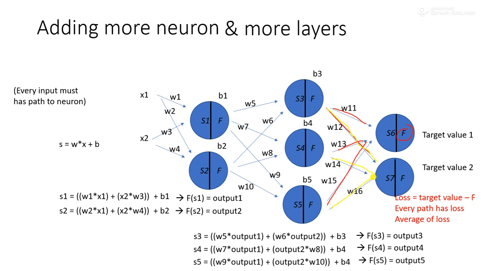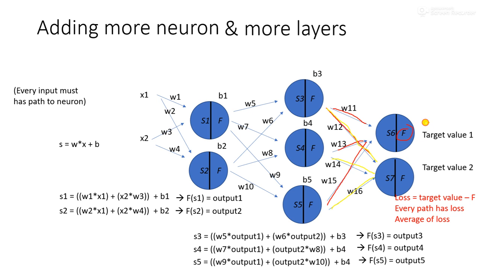These 3 are simply like this: W12 multiplied by output 3, plus W14 multiplied by output 4, plus W6 multiplied by output 5, then you sum up together, but this time no plus B5.